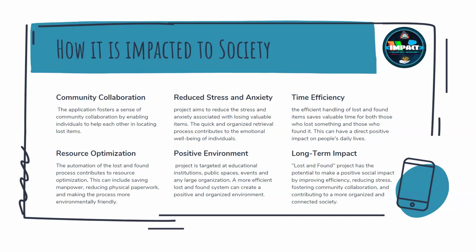Let's say I lost an important document like a caste certificate or nationality certificate. In India, to create a document we need a bunch of documents, and to create that bunch of documents we also need other documents. So it will save our time if the data is found inside our system. This is one of the impacts it will create in society.